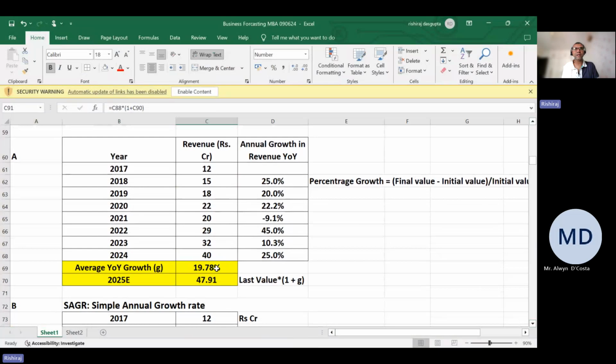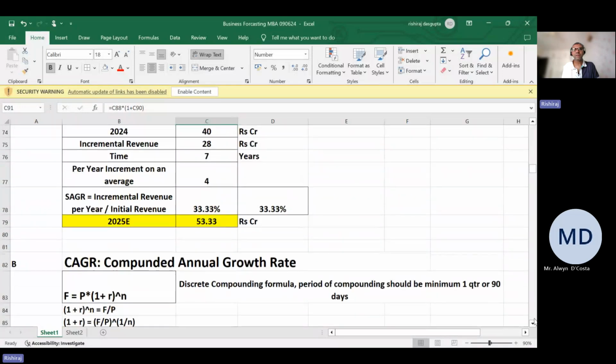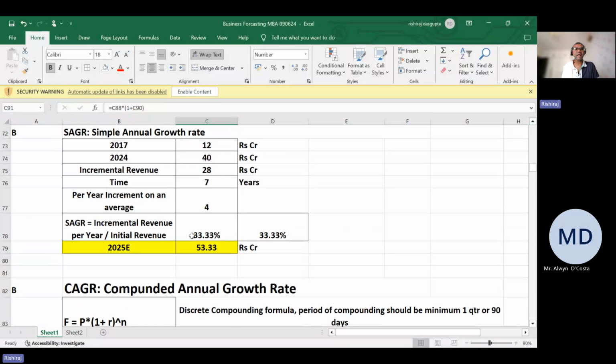Applied that on the last recorded revenue 40 crore, and we got the prediction for 2025 as 47.91 crore. Then we got the SAGR. We used the SAGR concept to get the SAGR as 33.33% with the incremental revenue per year by initial revenue, and then applied that to the last recorded revenue of 40 crore to get the forecast as 53.33 crore.